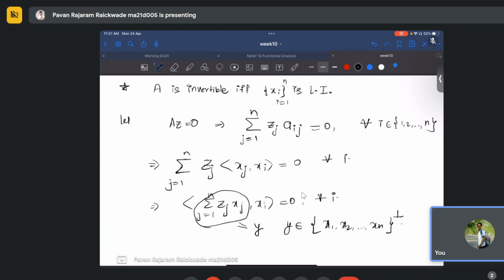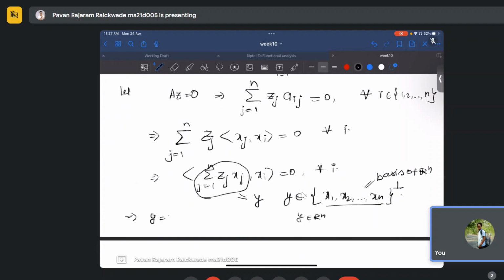First of all, what are we assuming here? We are assuming that the set xi is linearly independent. Then this is a basis of Rn, and y also belongs to Rn, hence y has to be 0, because it is perpendicular to every element in the basis.